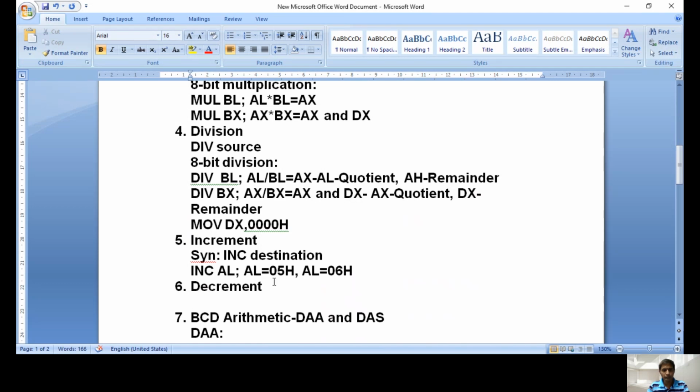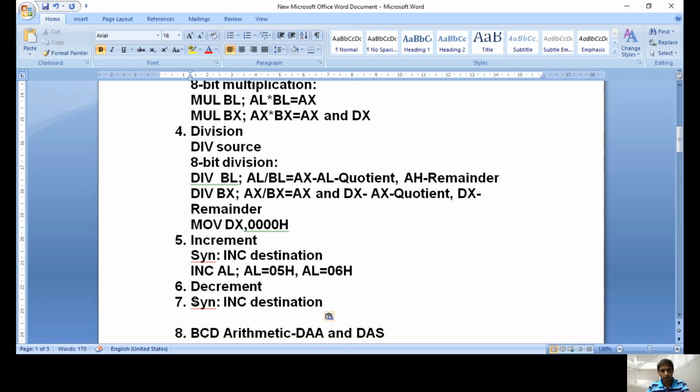Coming to the decrement instruction. So the syntax is decrement destination. The decrement instruction is used to decrement the destination content by 1. Let us see.